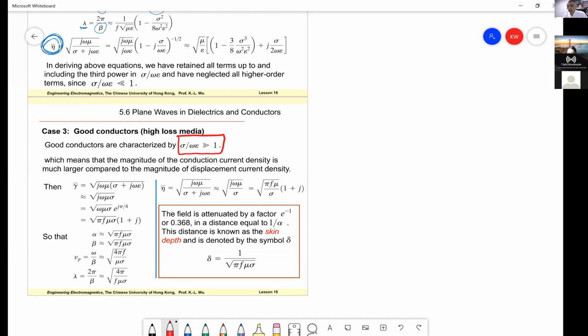Now in the high loss case, the general expression for gamma doesn't change.